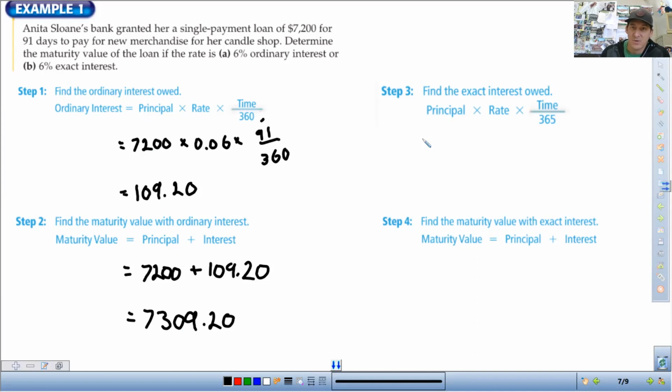Exact interest owed. Same thing, to find the exact interest, you do the principal, so it's 7,200 times the rate. Don't forget to put it in as a decimal, times 91 days over 365. Let's switch back over to the calculator.